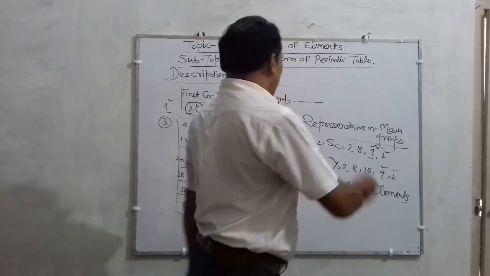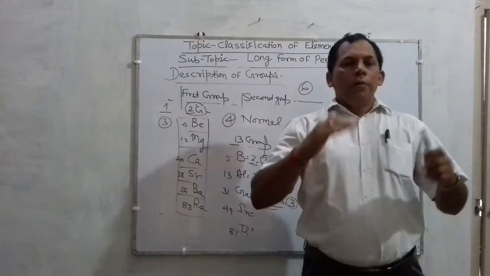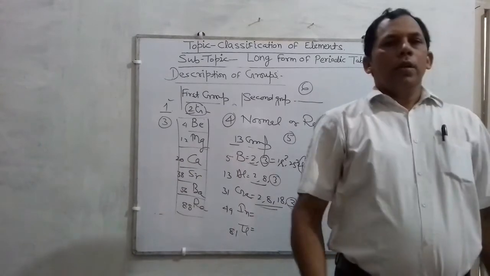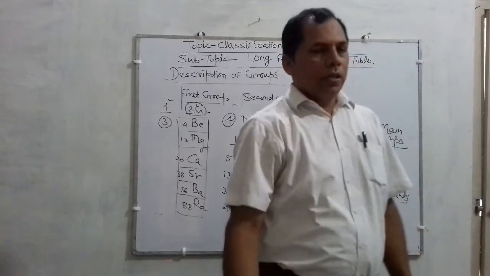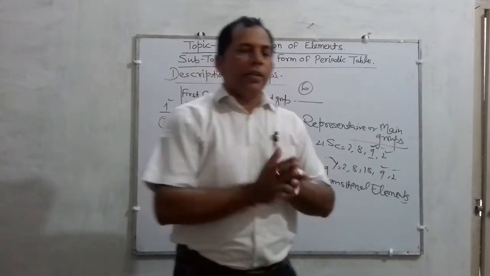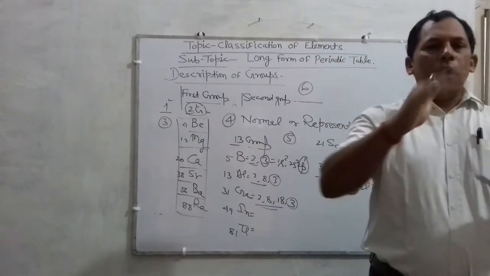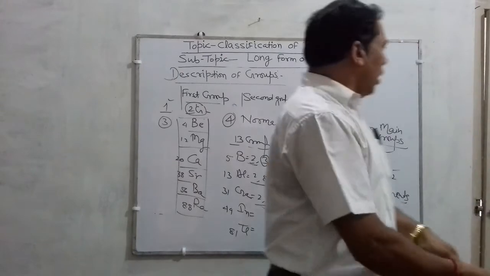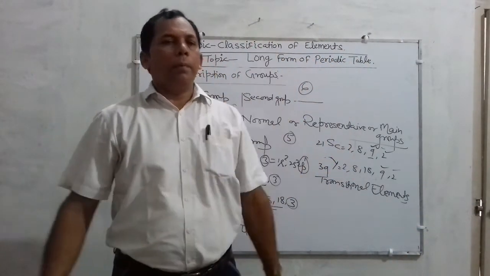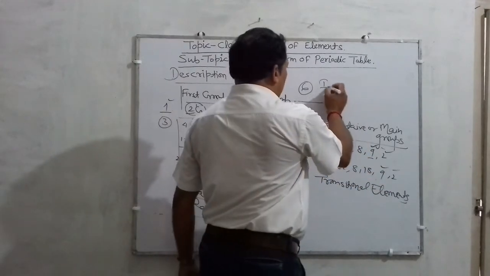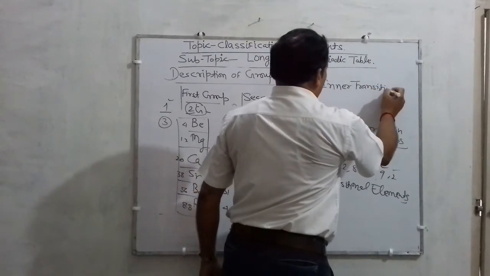Next property, which number is 5 or 6? The elements which are placed below, the lanthanide and actinide series elements. The elements placed below in the periodic table, 14 each, called lanthanides and actinides, have their 3 outer cells incomplete, and these elements are called inner transitional elements.